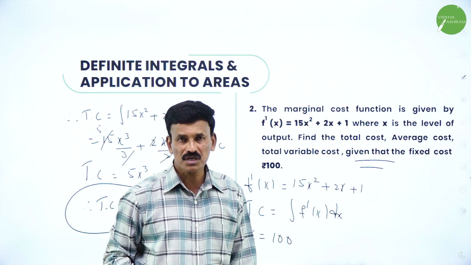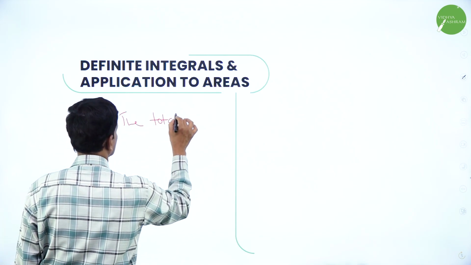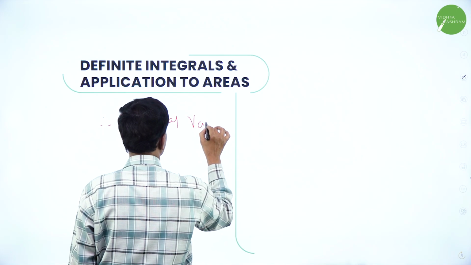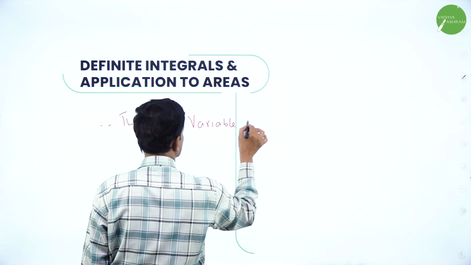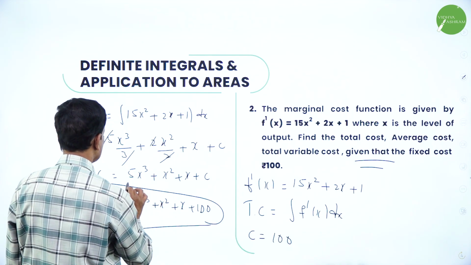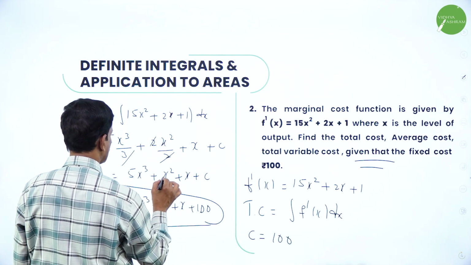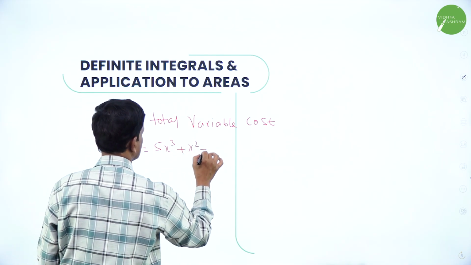So what is the average cost? Therefore, the total variable cost is equal to this itself, 5x cube plus x square plus x.